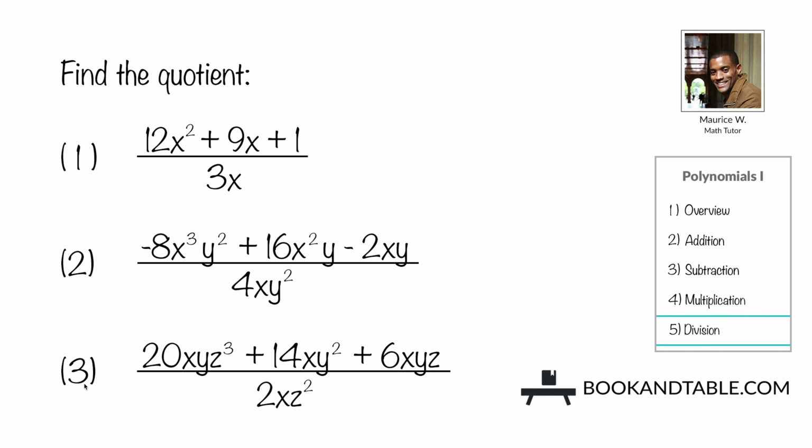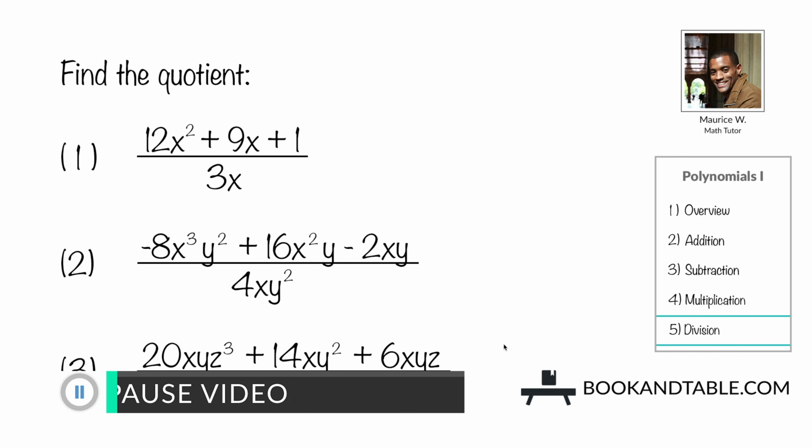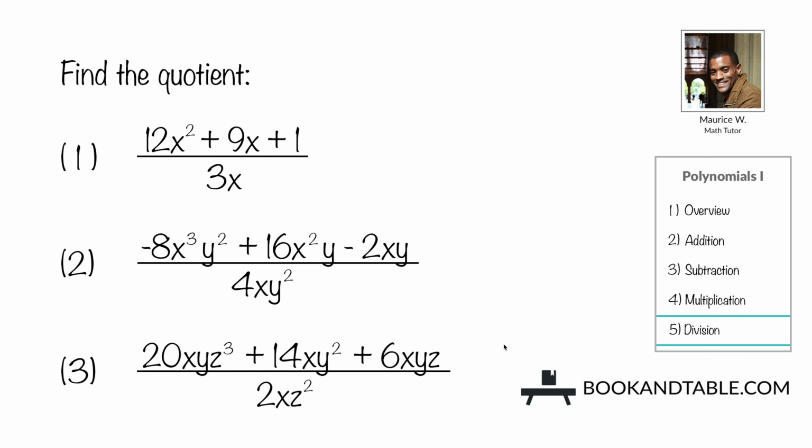And question number 3, find the quotient of 20xyz cubed plus 14xy squared plus 6xyz divided by 2xz squared. Pause the video, answer these questions, and then press play when you are ready to begin.